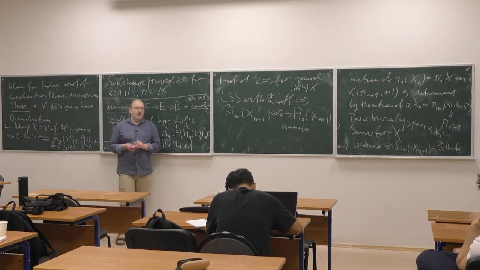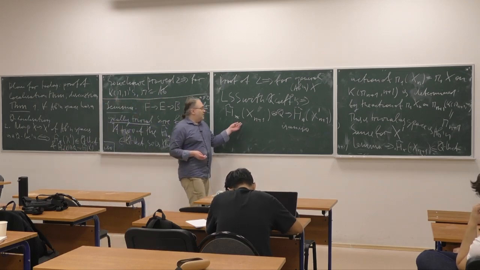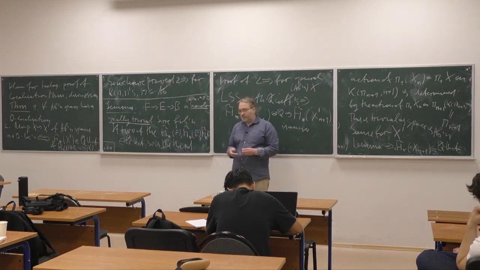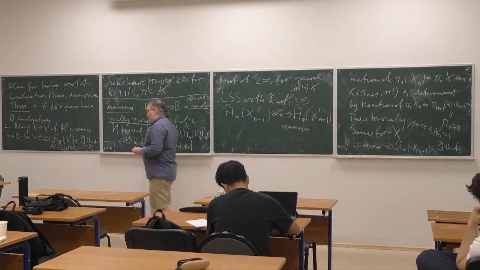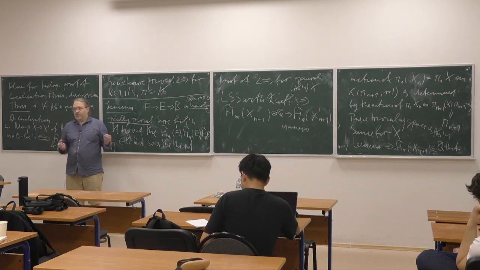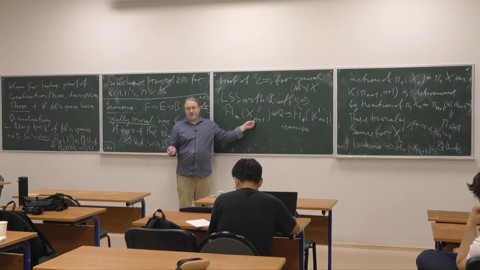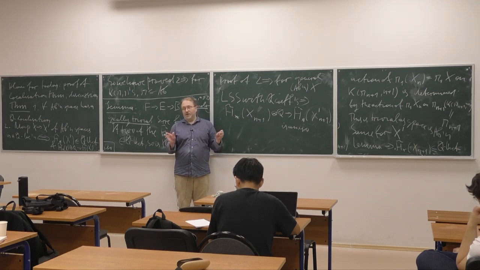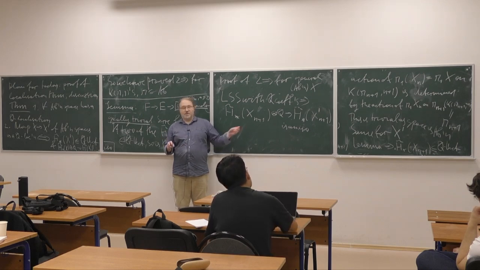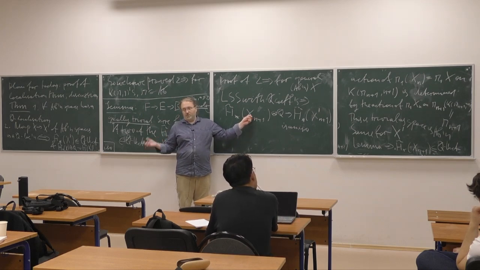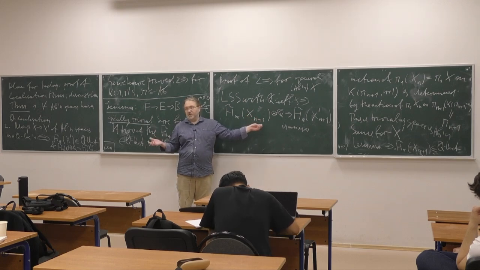And basically, the homology of X in any given degree is isomorphic to the homology of some finite stage of the Postnikov tower in the same degree.